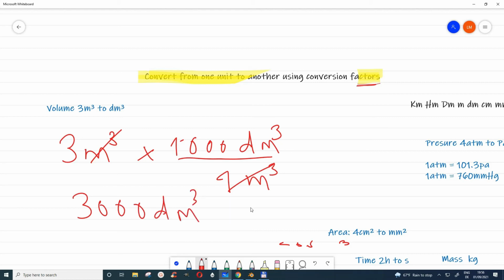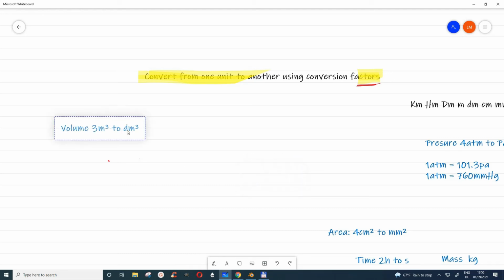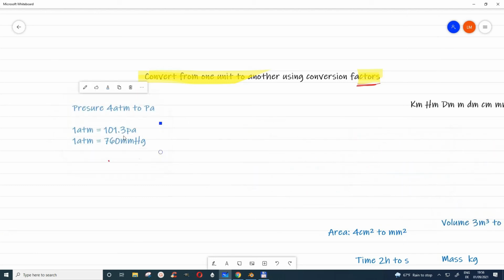Okay, now we would look at another thing again. My last thing I thought of looking at is when you are given pressure. I have a question here that states that the pressure we have is 4 atmosphere, and we are to change it to Pascal.